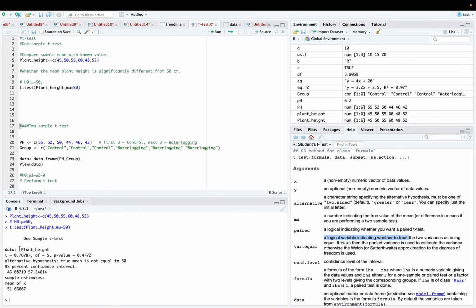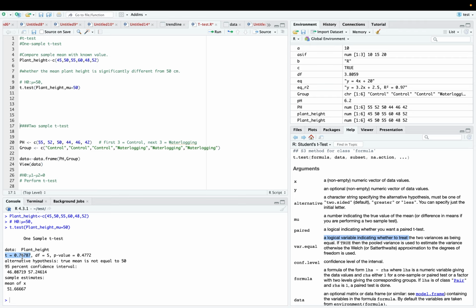This is the one sample t-test, and our data plant height here, t value is 0.76. What is t value? Actually t value is the difference in sample mean divided by standard error.